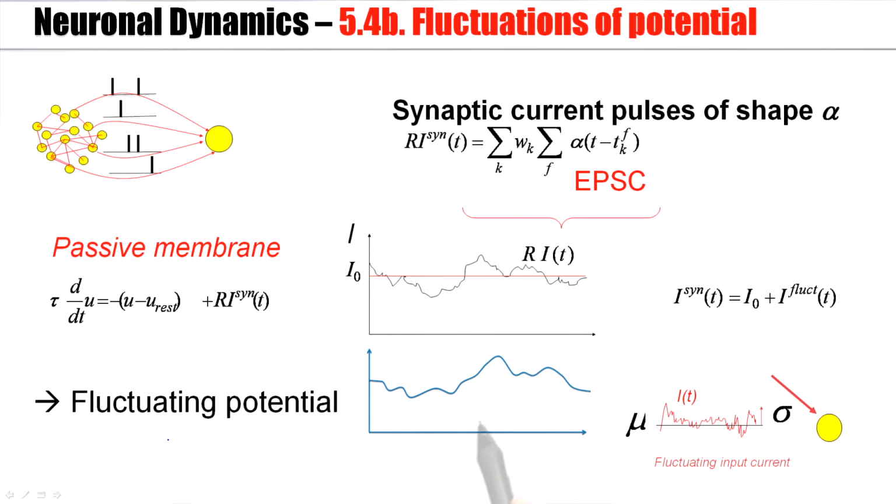The question then arises, can we say something about the mean of this fluctuating potential? And we did so in the previous lecture. But moreover, can we say something about the typical size of these fluctuations? And that's the topic for now.